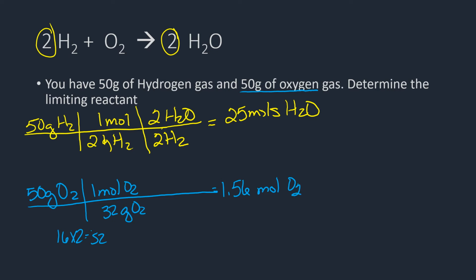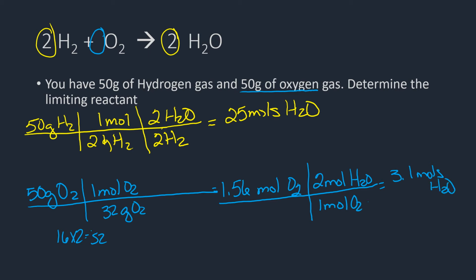So now I need to convert my moles of oxygen to moles of water. I take that 1.56 times, moles of O2 is 1, moles of water is 2. So 1.56 times 2 is 3.1 moles of water.